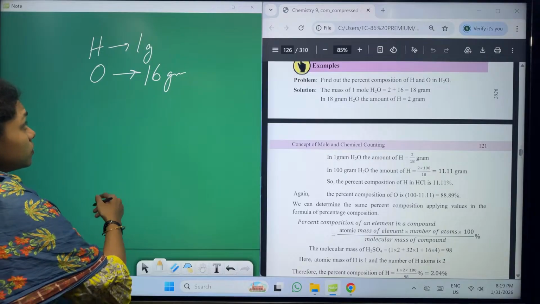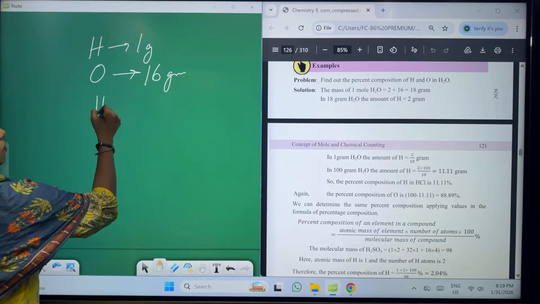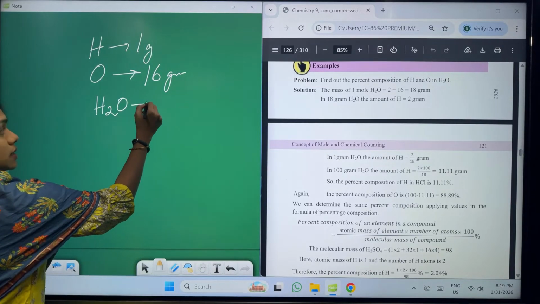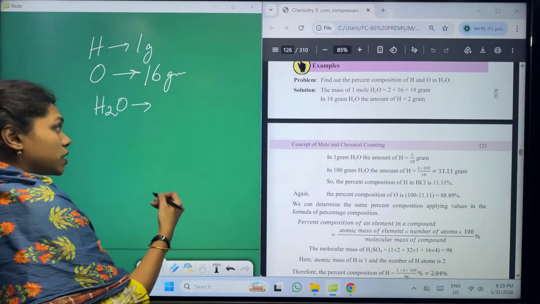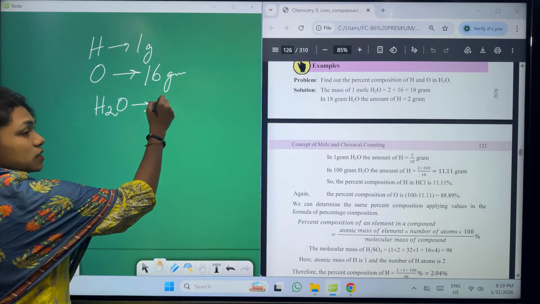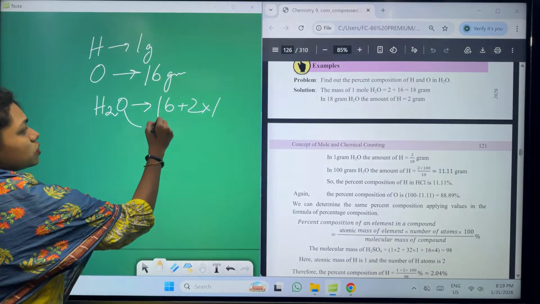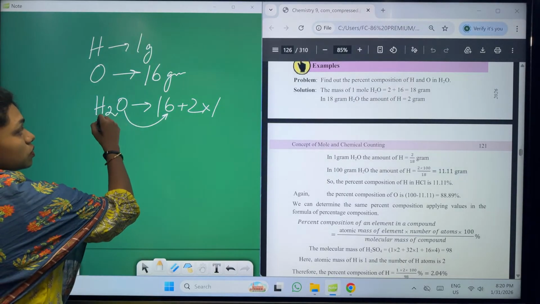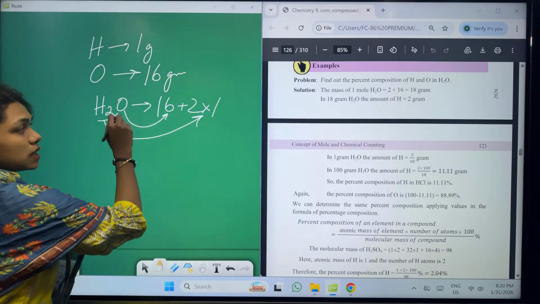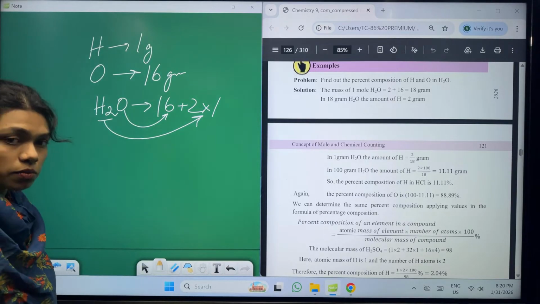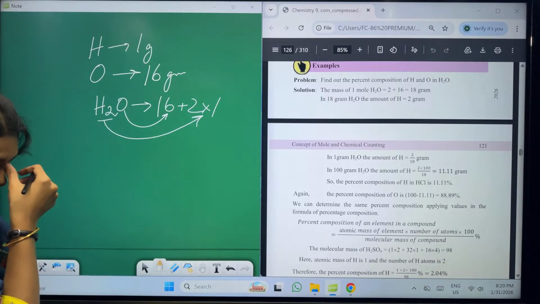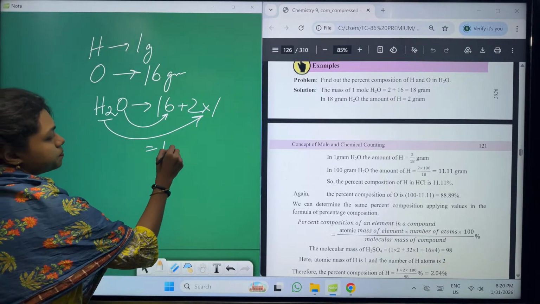And what is the molecular mass of H2O that I can calculate using the values derived from the periodic table? It is 18 gram. 16 plus 2 into 1. 16 is for oxygen, 16 into 1 because 1 atom. 2 into 1 because each hydrogen weighs 1 gram, and 2 because there are 2 atoms. That is 18 gram.